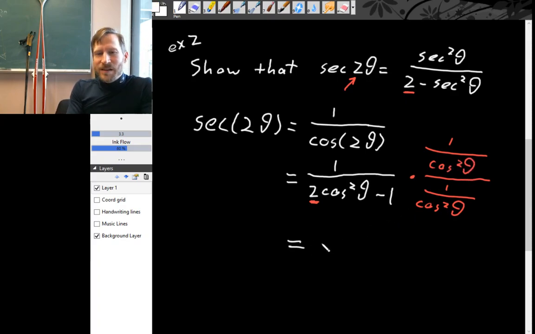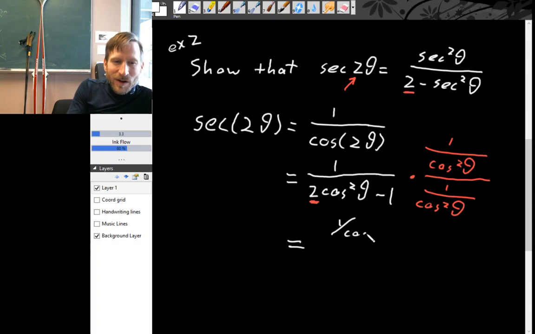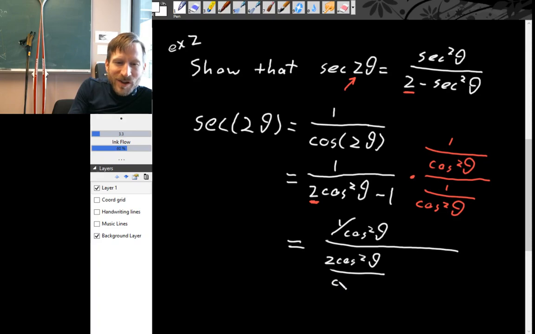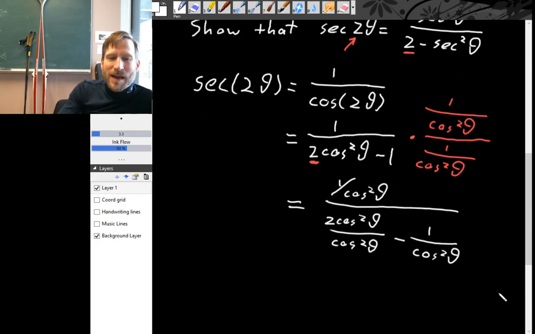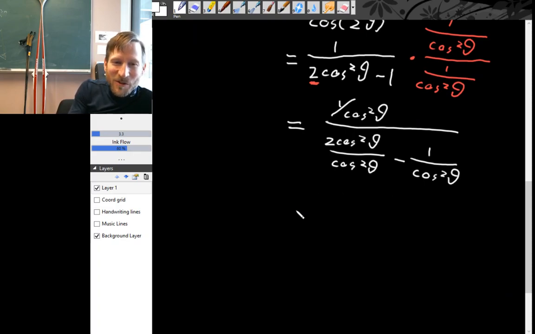Let's see what this does. So in the numerator, we have 1 over cosine squared theta. And then in the denominator, we have 2 cosine squared theta over cosine squared theta minus 1 times 1 over cosine squared theta, which is just 1 over cosine squared theta. And now, well, there are cosines all over the place, and sometimes they cancel, and of course sometimes they turn into secants.